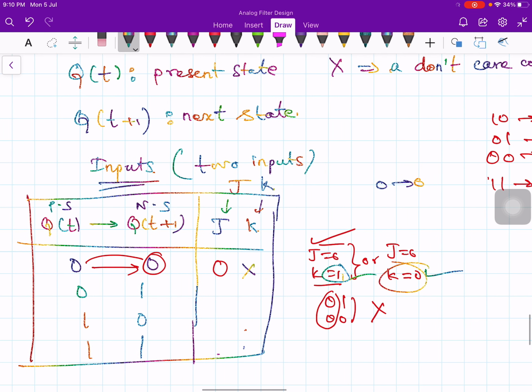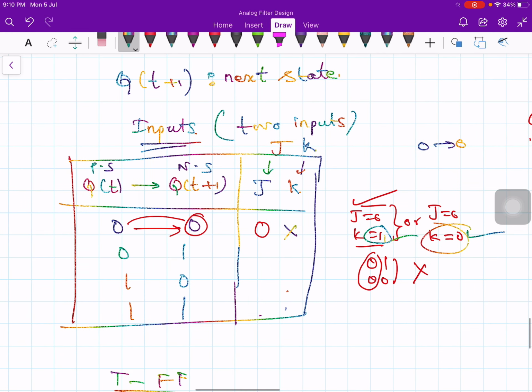Similarly, when both present state and next state are 1, look here, both are 1. Again there is no change in state. So J is 0 and K is 0, both are 0 0, or this 1 indicates the set condition.